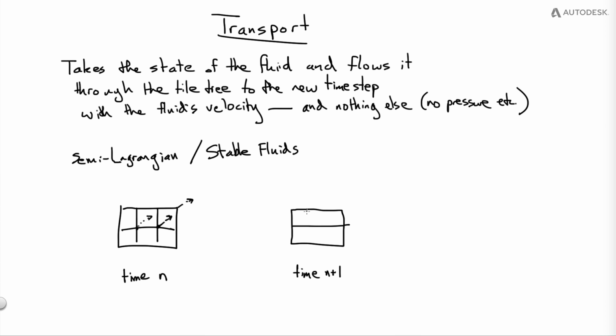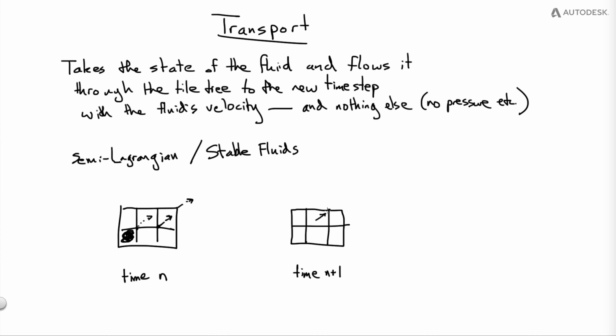Basically, all I want to do is figure out if, for example, I had a particularly foggy patch here, how can I come up with the fog values in the new grid, knowing that this fog should have flowed along the path here? Well, what I can do is say at this grid cell, I know the fluid was coming in this direction to the new grid point.